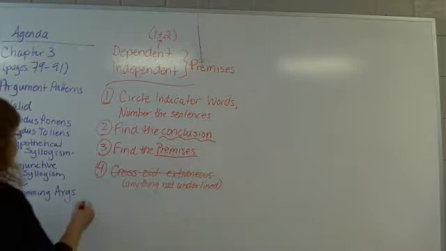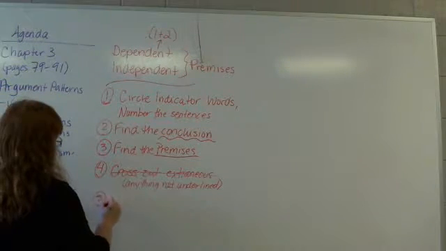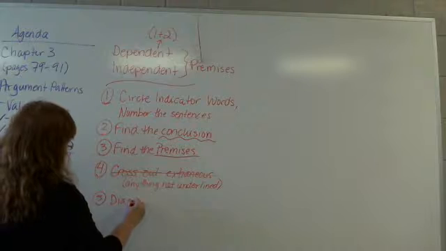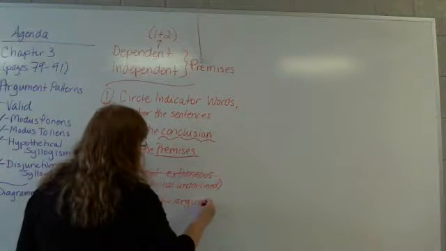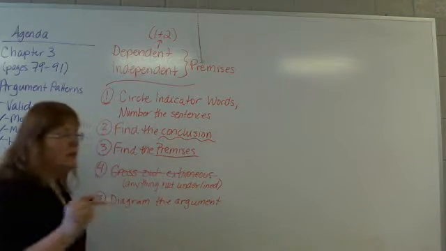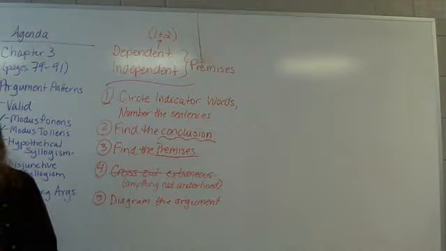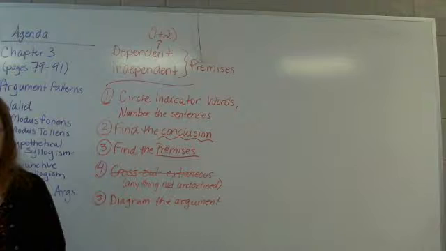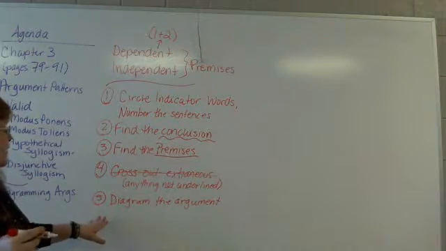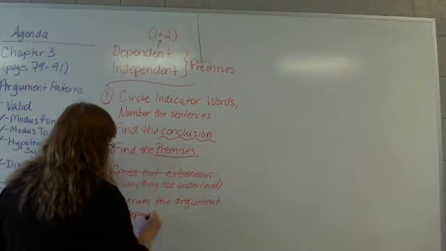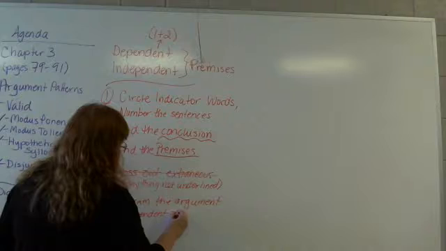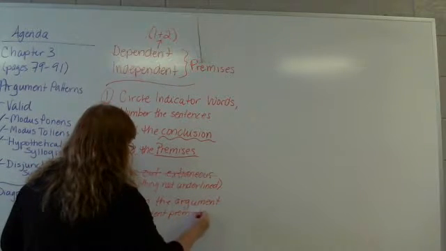The fifth thing you do, this is the fun part, diagram the argument. Now, you have to think about how the different sentences relate to the conclusion and how the different sentences relate to each other. If you have dependent premises, they get linked.